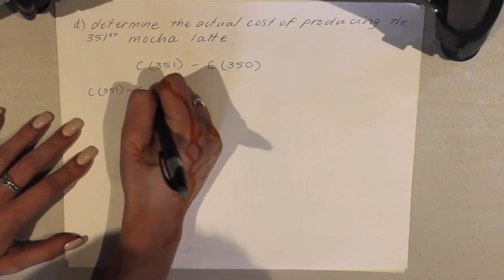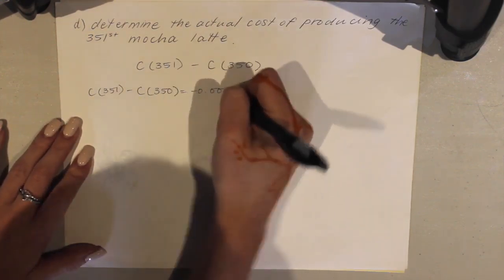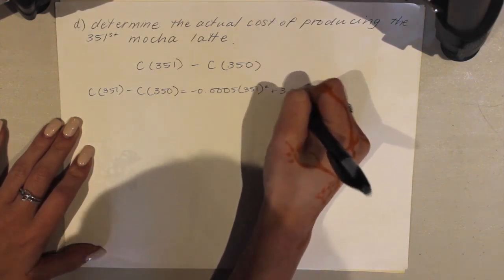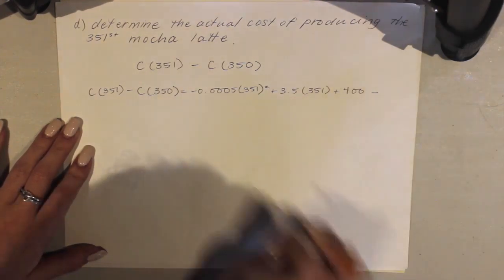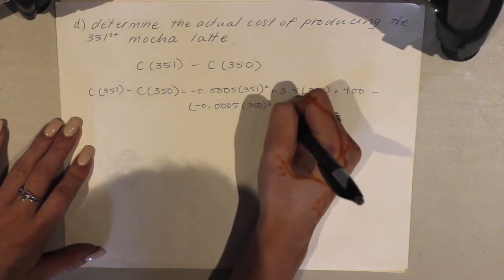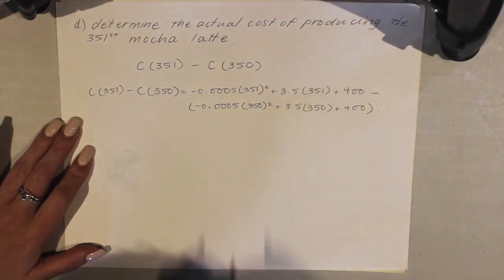So just your cost function of 351 minus the cost function of 350. And once you plug in numbers and you get your answer, you'll notice that there is quite the similarity between the marginal cost of the 350th mocha latte and the actual cost of the 351st mocha latte.